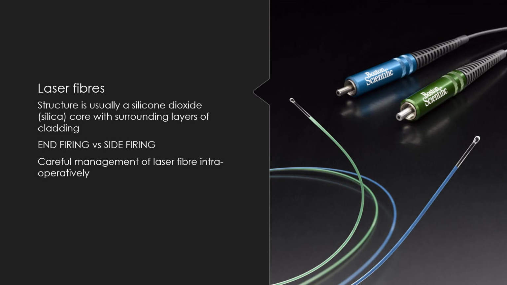The Holmium YAG laser fibers come in various sizes, and the smaller size fibers are better to be put down a flexible ureteroscope, as they don't interfere too much with the irrigation flow or the deflection of the scope. Larger fibers are used for HoLEP procedures and also for laser fragmentation of stones during mini PCNL, for example.